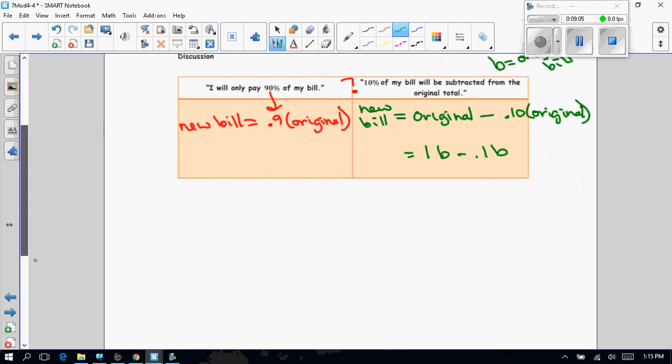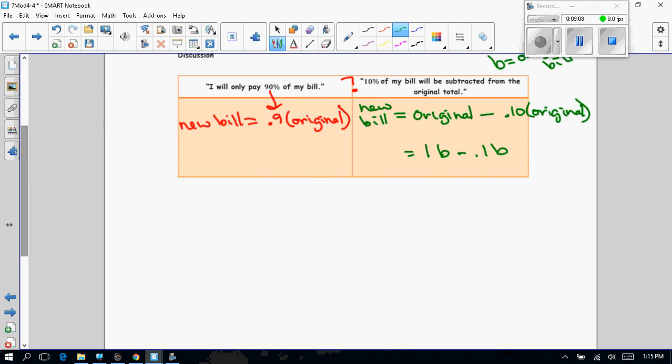Well, I can undistribute, right? These both have B in common. So I'm going to factor out the B, and I'm going to have 1 minus 0.1 times B, because they both have that in common. Well, what's 1 minus 0.1? It's 0.9 times the bill.